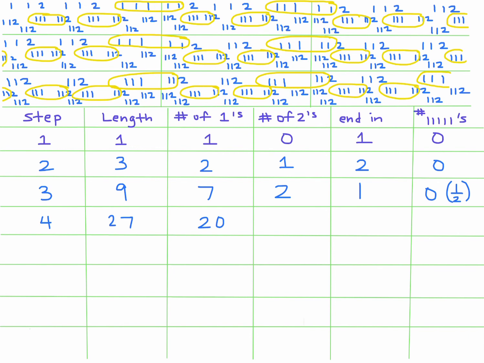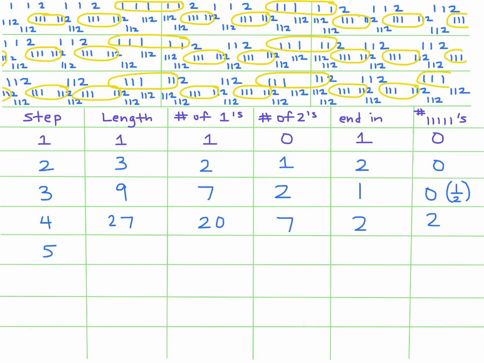And the number of 2s: 1, 2, 3, 4, 5, 6, 7. It ends in a 2, because the last digit is a 2. And how many of these 5 1s do we have? We've got 2 of them. We got 1 here and we got 1 there. So finally, we have a few full ones. And then you just continue like this.